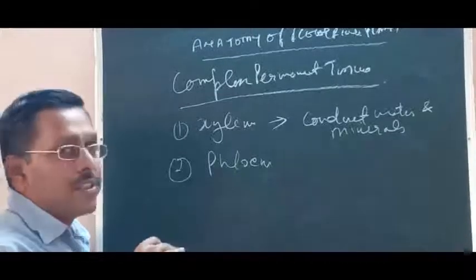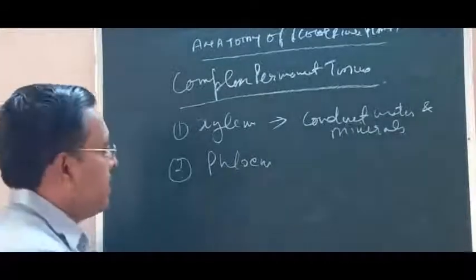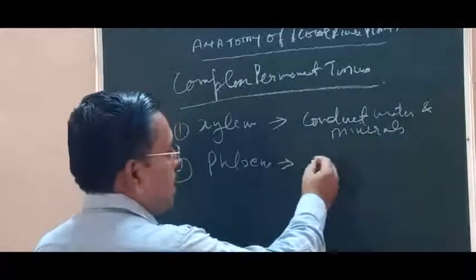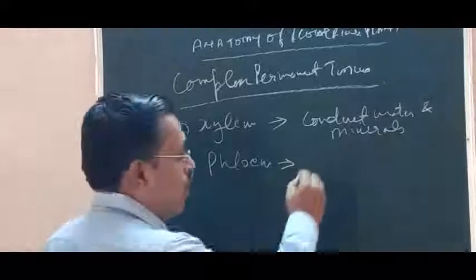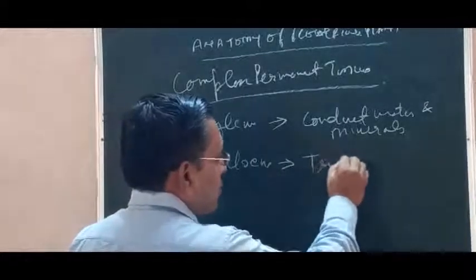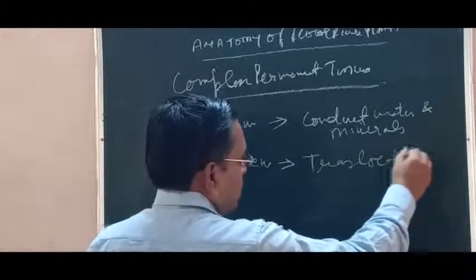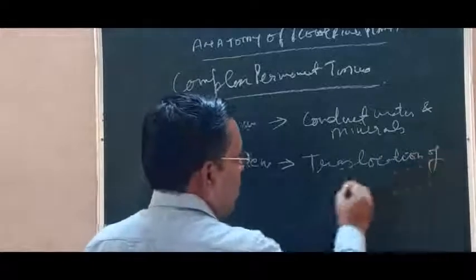and transport them towards the upper body part of the plant, while phloem is the tissue meant for translocation of food.